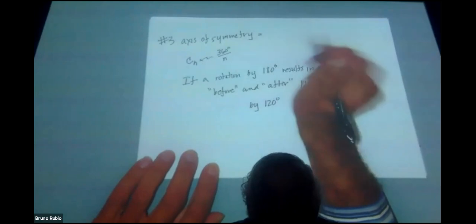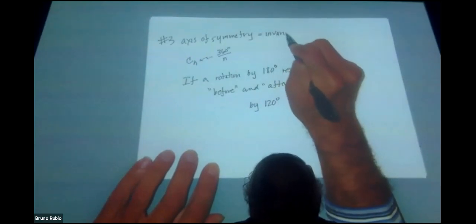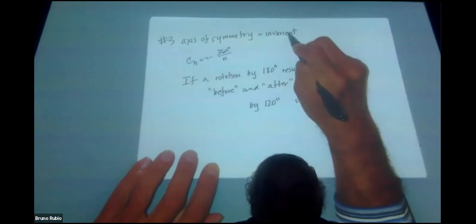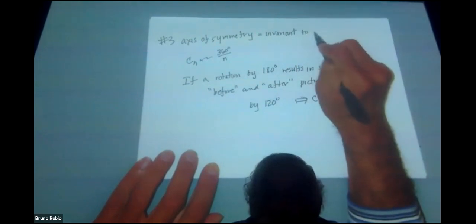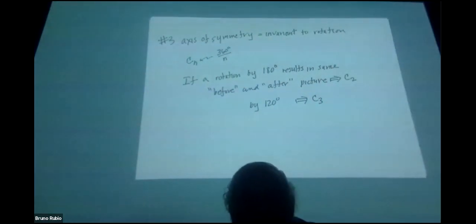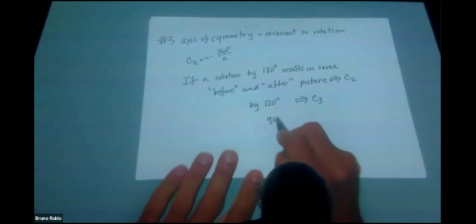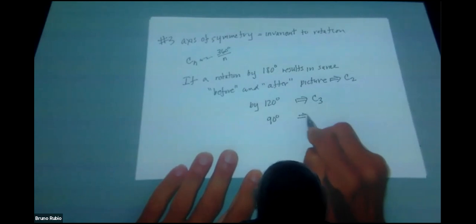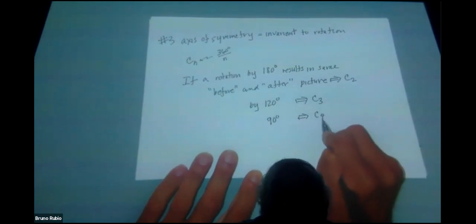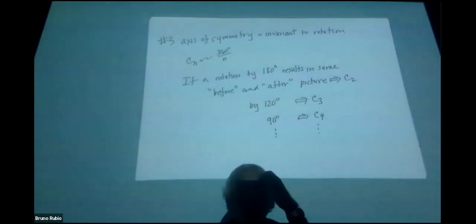So this rotation, an axis of symmetry, we can also define as invariance to rotation, just like the center of symmetry is invariance to reflection. Okay, a rotation by 90 degrees and you have the same before and after picture, that's the C4 axis, and so on and so forth.